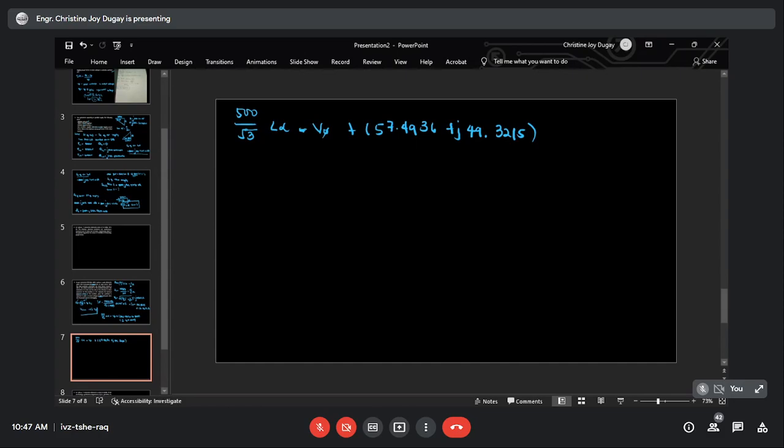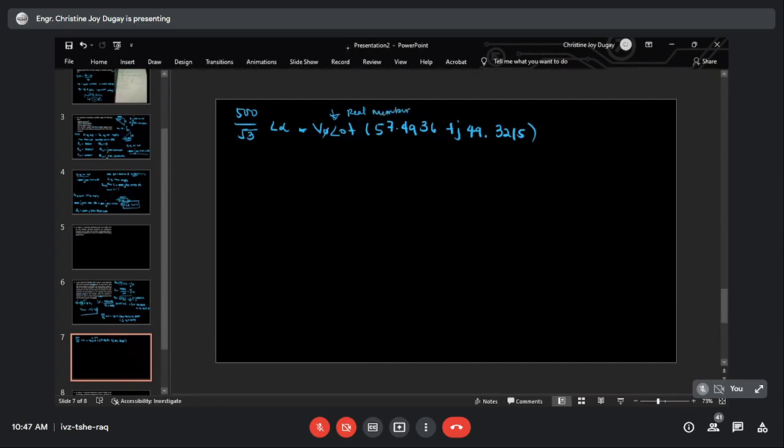So if we separate the real numbers and imaginary numbers, we can possibly get the value of V-phase. How do we do that? The angle of V-phase is 0, so the only number here is the real number.